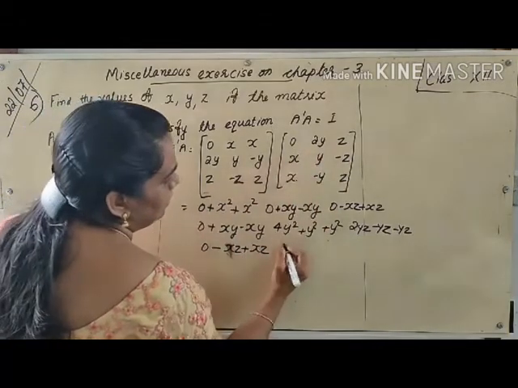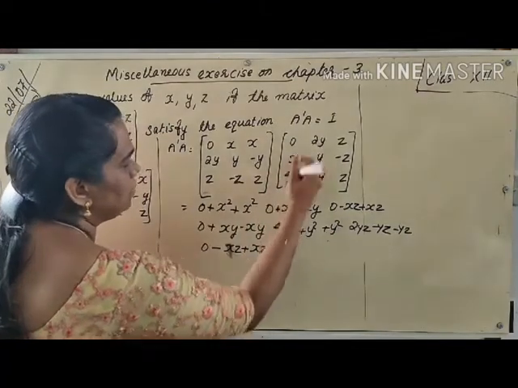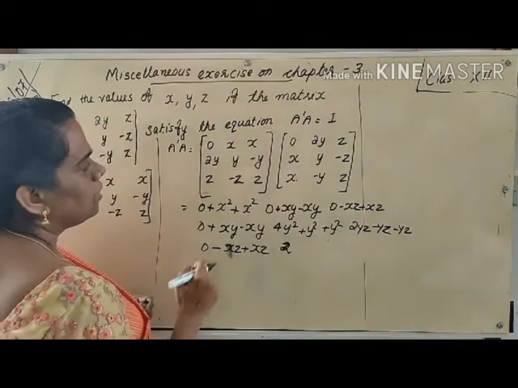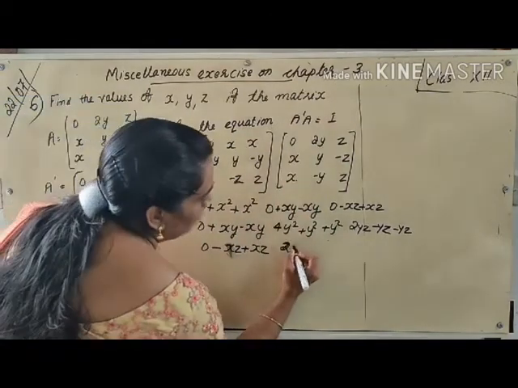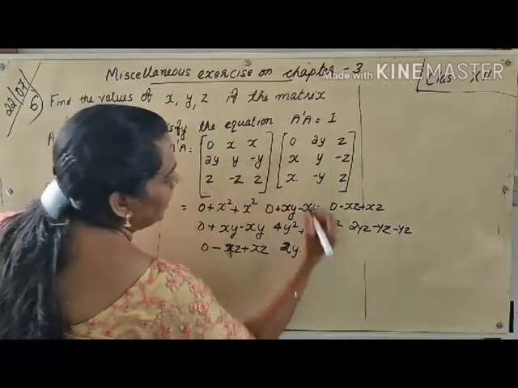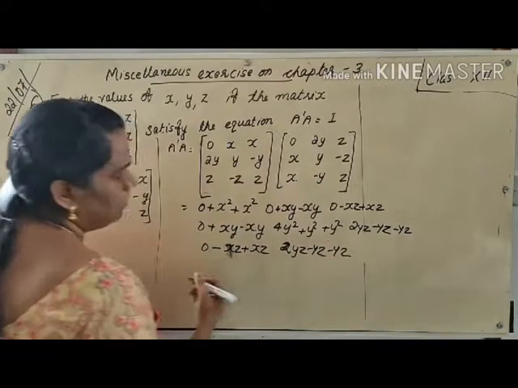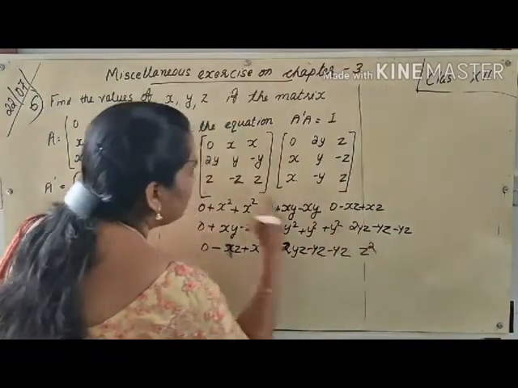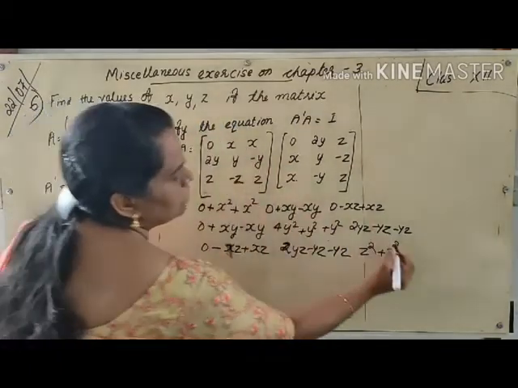Next, z into 2y, 2yz, minus yz, minus yz. Okay, then next z into z, z square, z into minus z, again z square, z square.